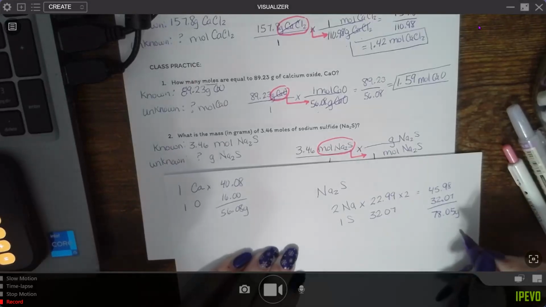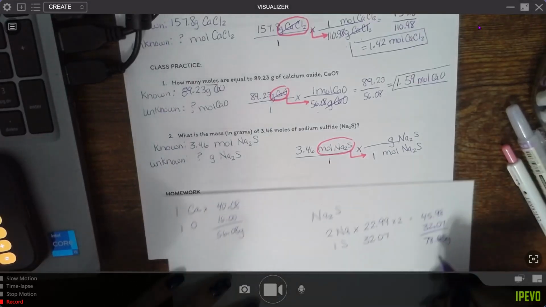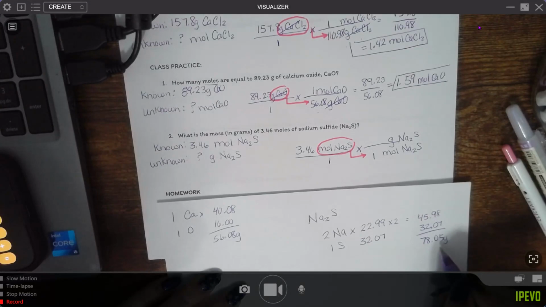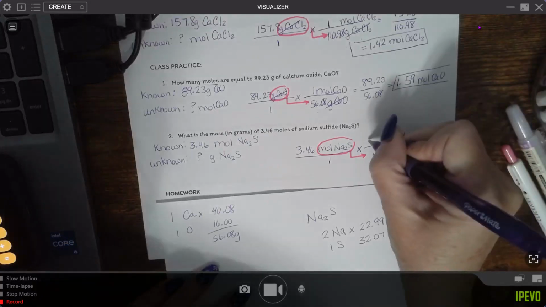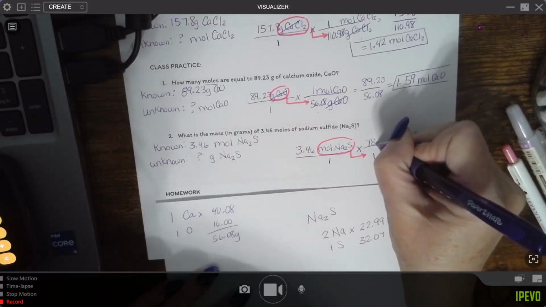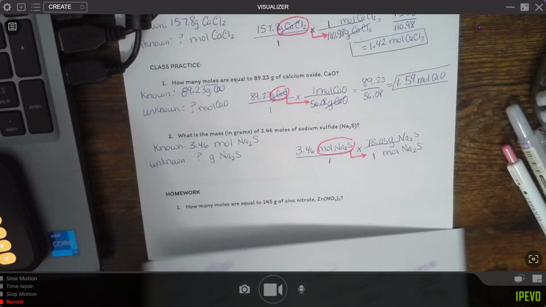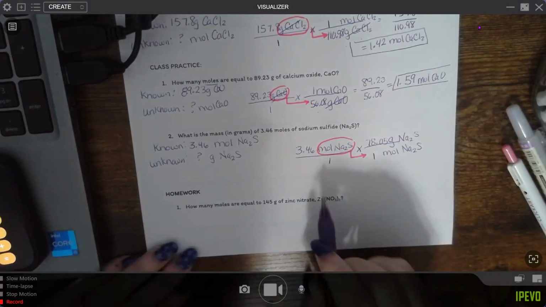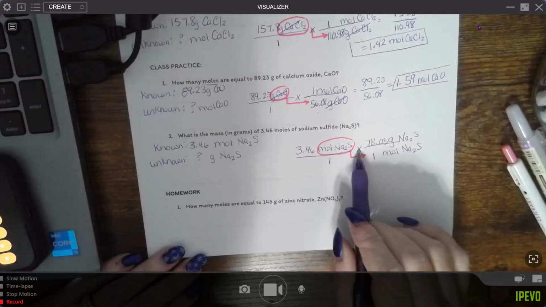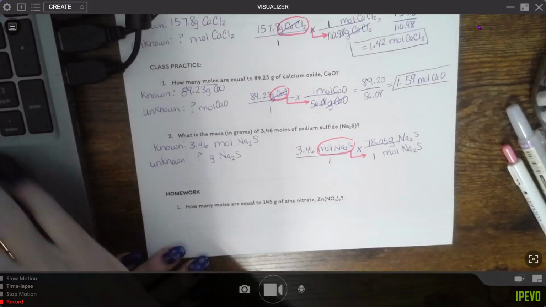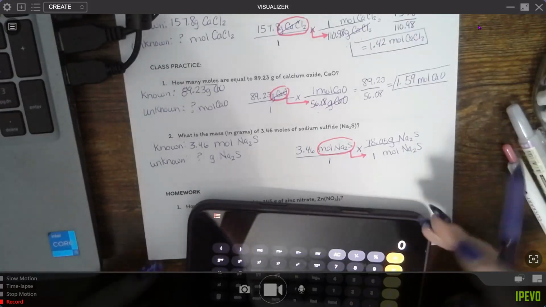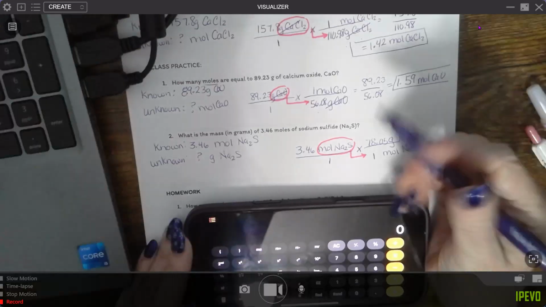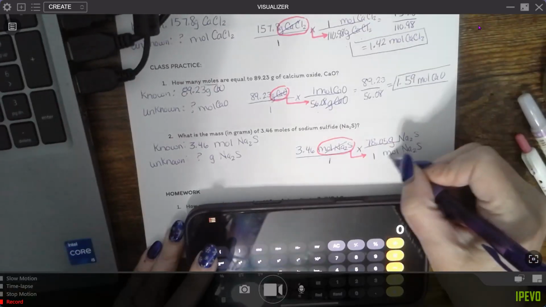So what we're going to do is go up to our problem and plug 78.05 in where grams is. 78.05. Now, for this, since both numbers are on top, we're going to multiply the numbers on the top. The bottom is just 1 times 1, so we really don't need to do that, but we can double check that our moles are going to cancel out.